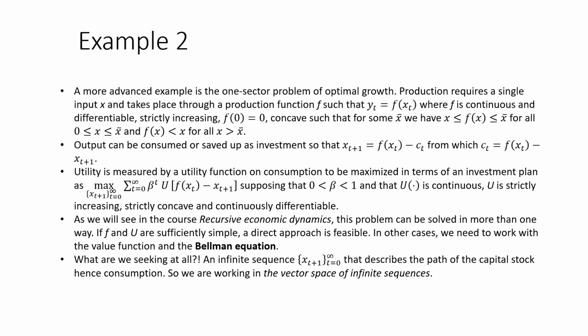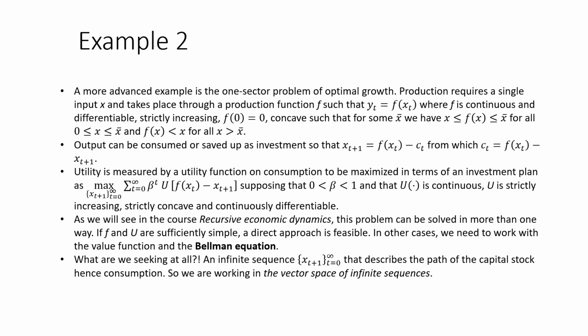Production requires a single input, which can be regarded as the capital stock. So production takes capital. The outcome of production is a single output which can be consumed, or it can be saved as investment.